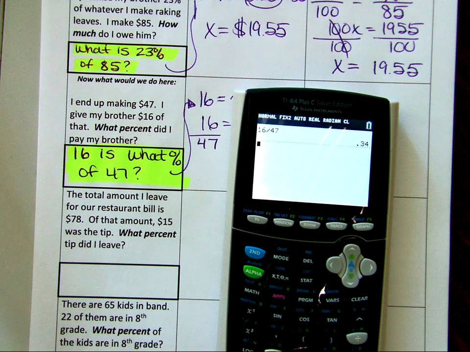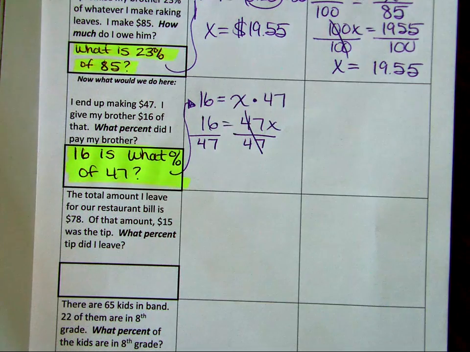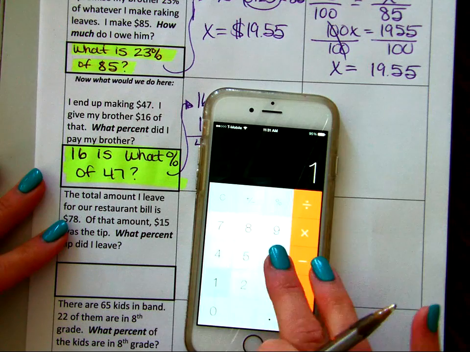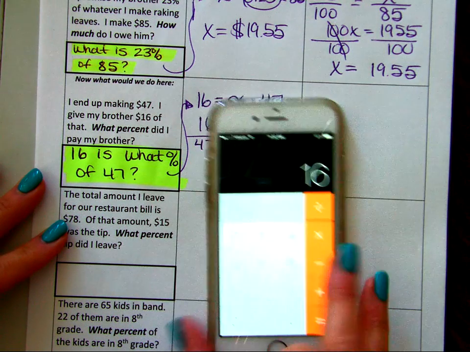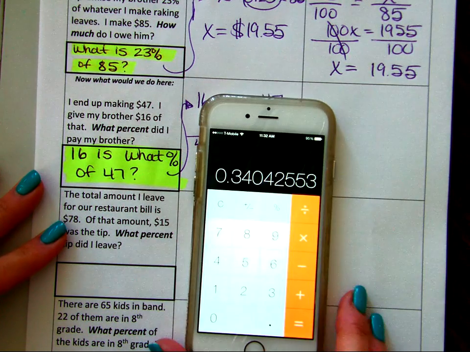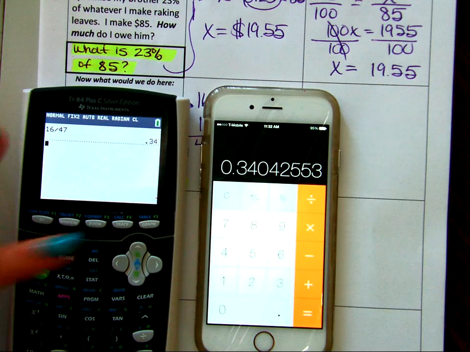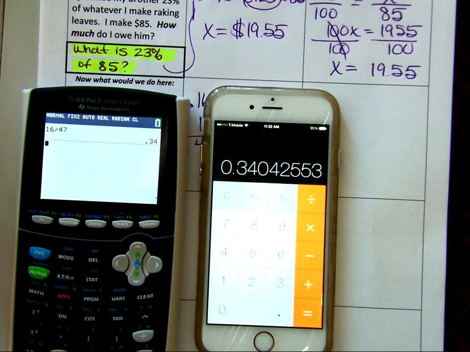Okay? But wait a second. I want to show you. This is what we did third hour, and we realized that we've been using our phones for a calculator, but when I said 16 divided by 47, I got that big old thing. And this fancy calculator lets you set your float, which controls your decimal, and this really doesn't, does it?